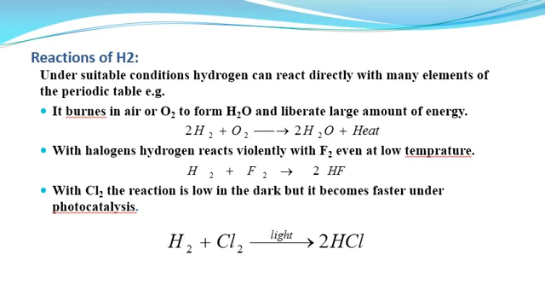With halogens, hydrogen reacts violently with fluorine, even at low temperature, to form hydrogen fluoride. It reacts less with chlorine in the dark, but the reaction can be speeded up under photocatalysis to produce hydrogen chloride.